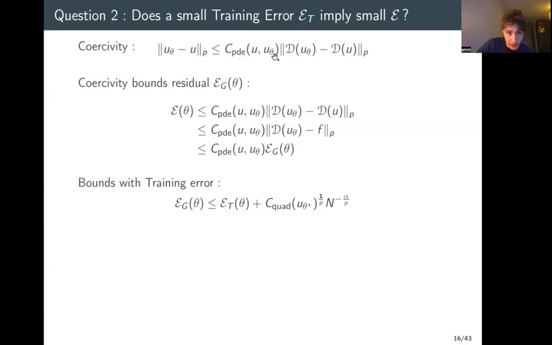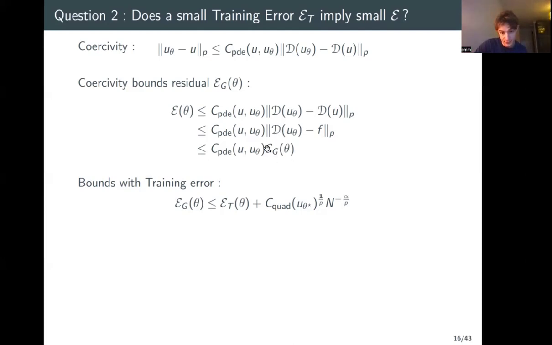With this assumption, if our PDE satisfies this constraint, we can use the same sort of technique and just bound the closeness to the solution by a constant times the quadrature error, or the generalization error.